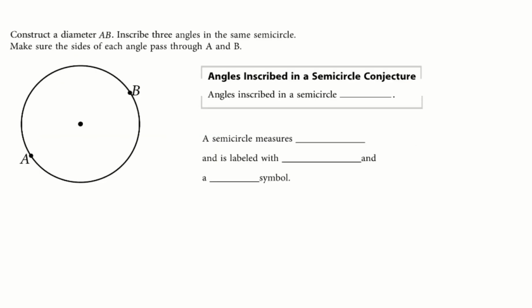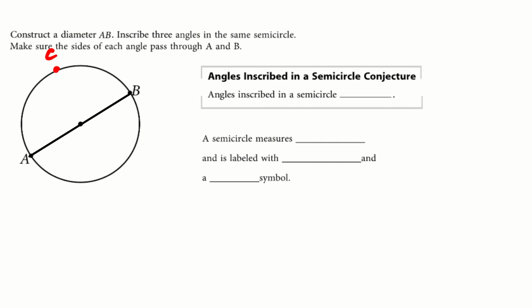Okay, so here we are at the next conjecture: angles inscribed in a semicircle. The first part says draw or construct diameter AB. So we'll put a line connecting points A and B. Then somewhere on the circle, anywhere, put another point.